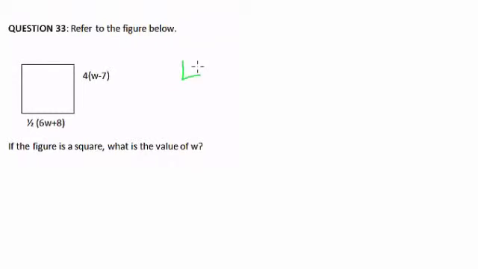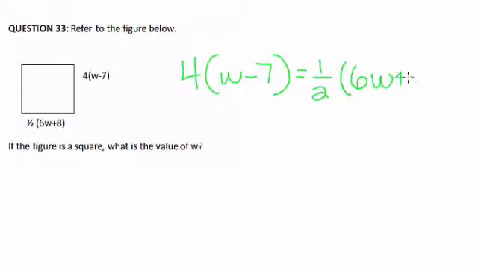So 4 times parentheses W minus 7, if that's the length of one side of the square, that must be equal to 1/2 times parentheses 6W plus, oops, doesn't look like a plus sign, plus 8. Okay. Now bear with me. My writing should not be this big, but I'm learning how to write on this thing.